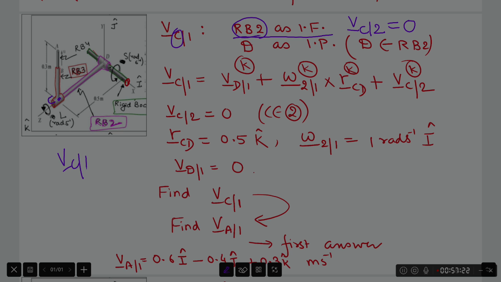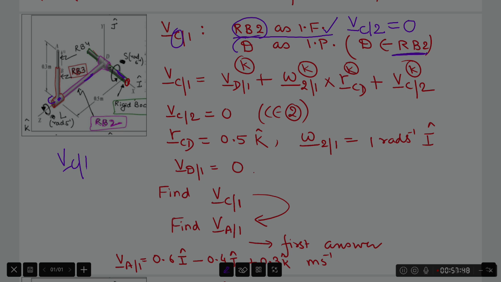Once I have chosen an IF, I need to choose also an IP, and the IP should be part of RB2. Now what was the guideline I mentioned on the previous slide, how to find an IP? I said that try to choose IP to be a point which lies on the intersection of the IF and the RB next to it.